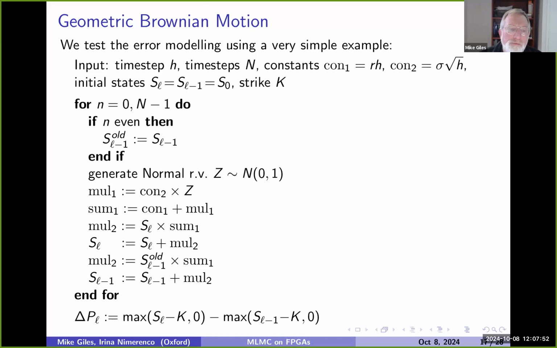And then at the end, we compute the classic multi-level delta P, taking the difference. This is for a simple European call option, difference between the level L approximation and the level L minus 1.